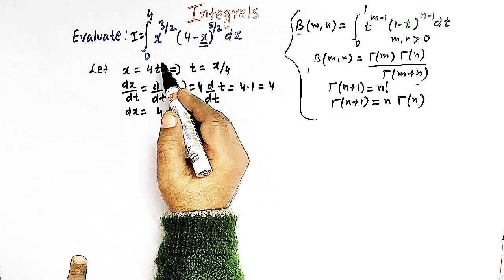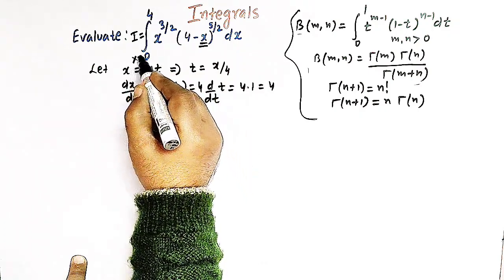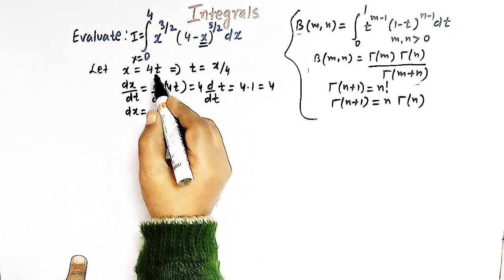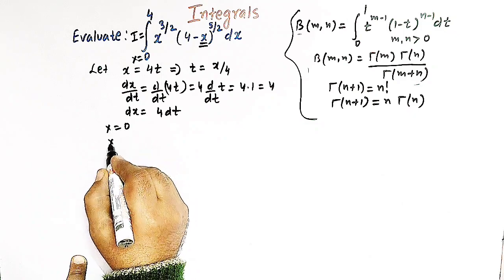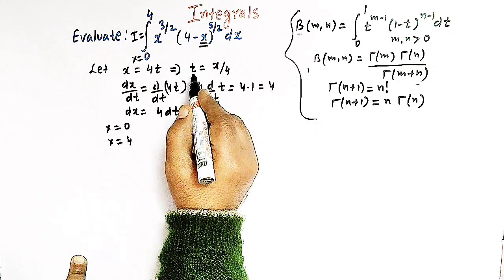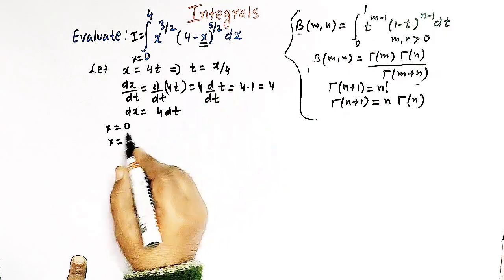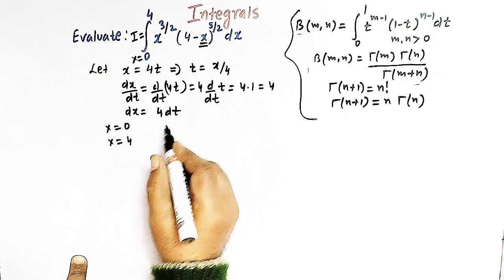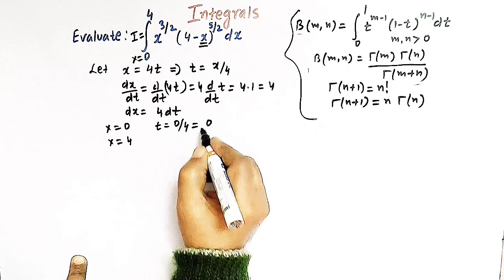Okay, now let us change the limits, because here x varies from 0 to 4, and we can find out the value of t using this relation. So when x is equal to 0, then t is 0 over 4, that is 0.